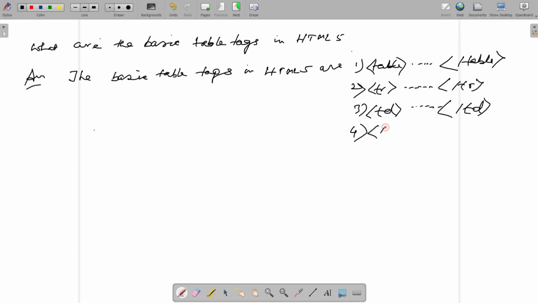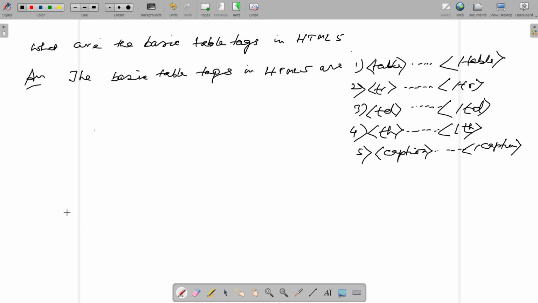TH. TH, then TH closed. The fifth one is what? Caption. Caption open, caption closed. These are the 5 basic tags in HTML5.